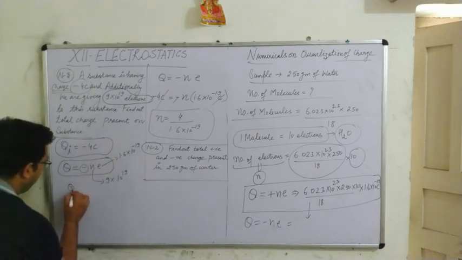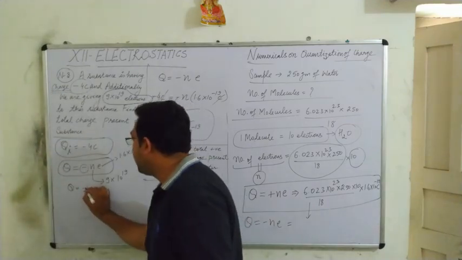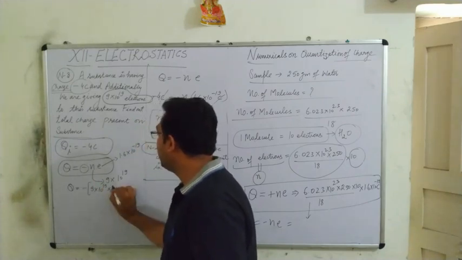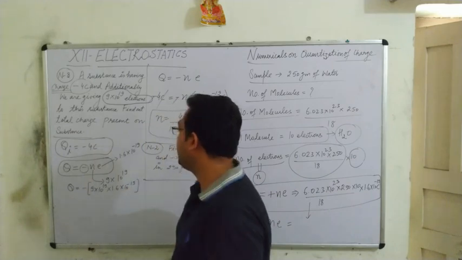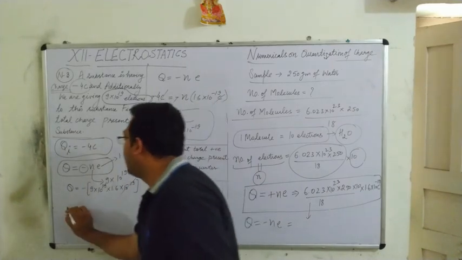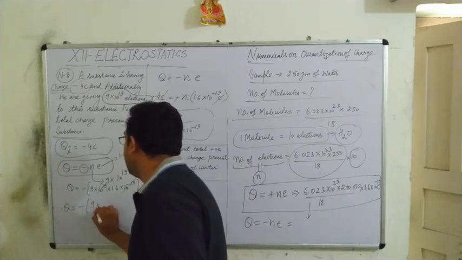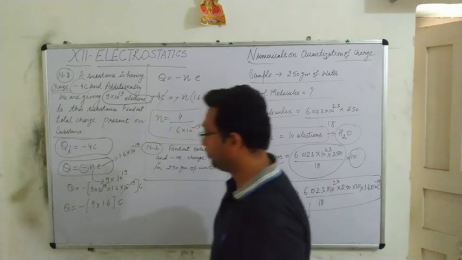Now Q equal to minus 9 into 10 power 19 into 1.6 into 10 power minus 19. Now Q is equal to minus 9 into 1.6 Coulomb.